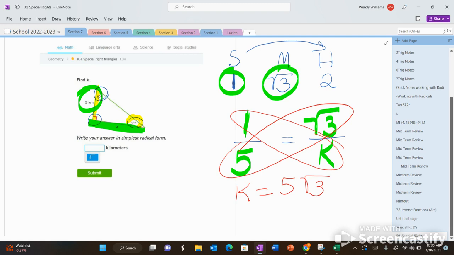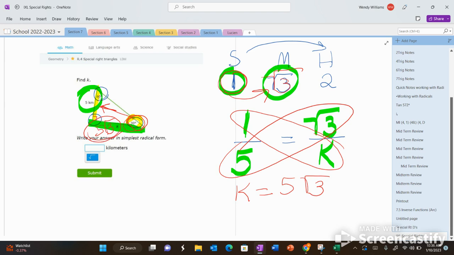Now, if you looked at the problem and said, hey, if I have a 1 and I want to get to a square root of 3, all I do is multiply by the square root of 3. If they're giving me this small 5, all I have to do is multiply 5 times the square root of 3, and I get the medium.